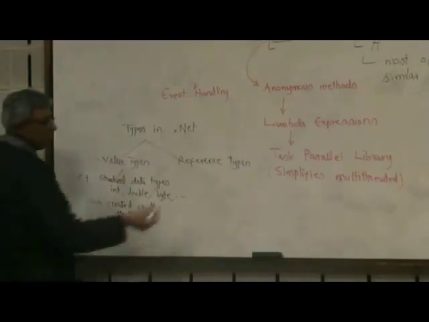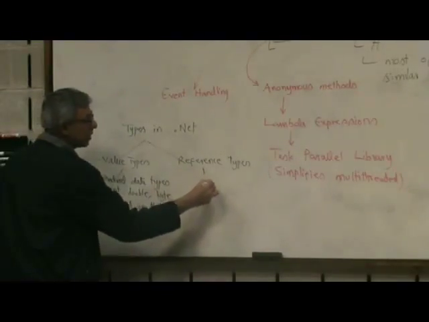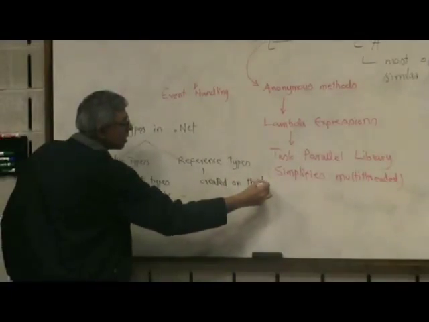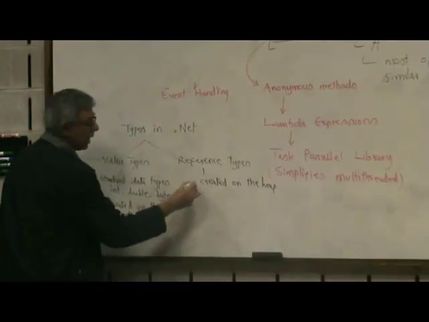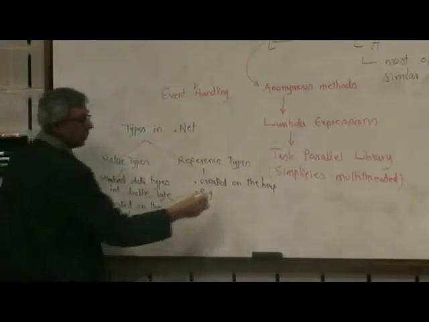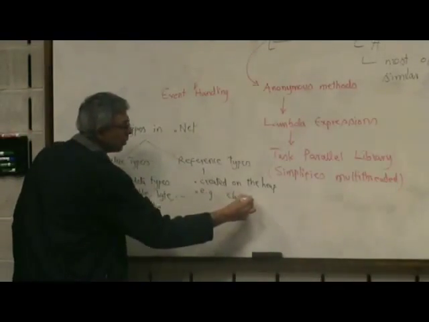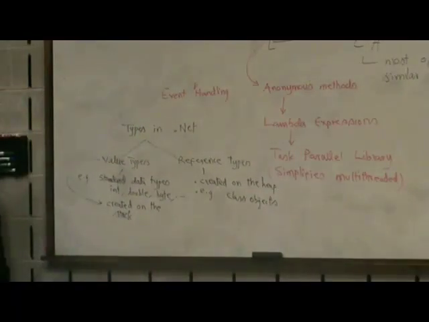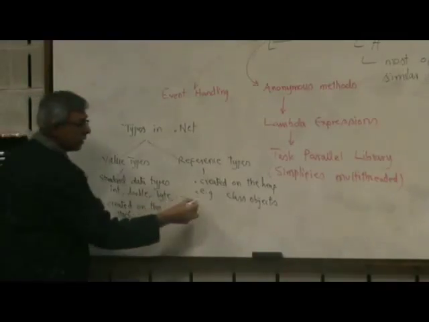What are reference types? Reference types are created on the heap. What are examples of reference types? For example, class objects. Whenever we allocate memory for an object of a class, we allocate it on the heap, right?